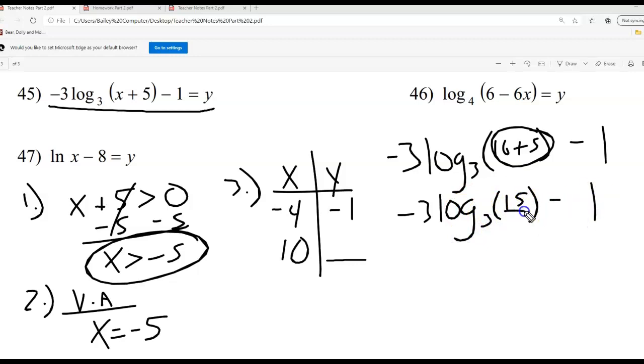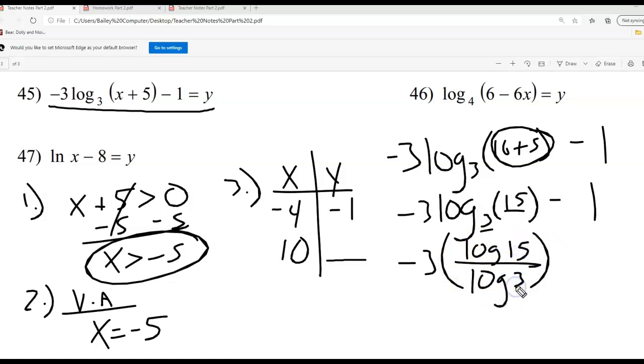Now, there's no way I'm going to get these bases to match. So since I can't get those bases to match, I can't use my little log properties. So what we're going to have to do instead is we're going to have to do the change of base formula, which we talked about earlier in our lesson. So that looks like this. Log base 10, top and bottom, and you put the 15 on the top and you put the 3 on the bottom. And this is a calculator problem. So to answer that, we need to get our calculator out.